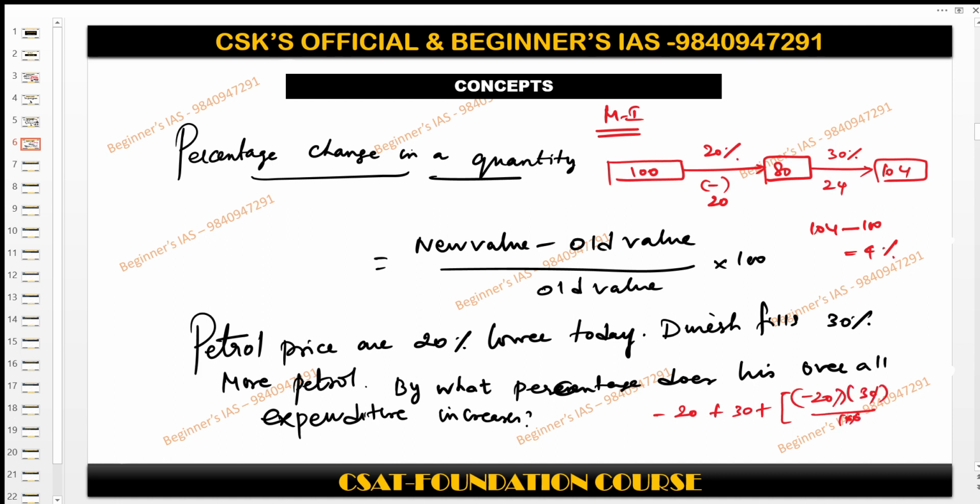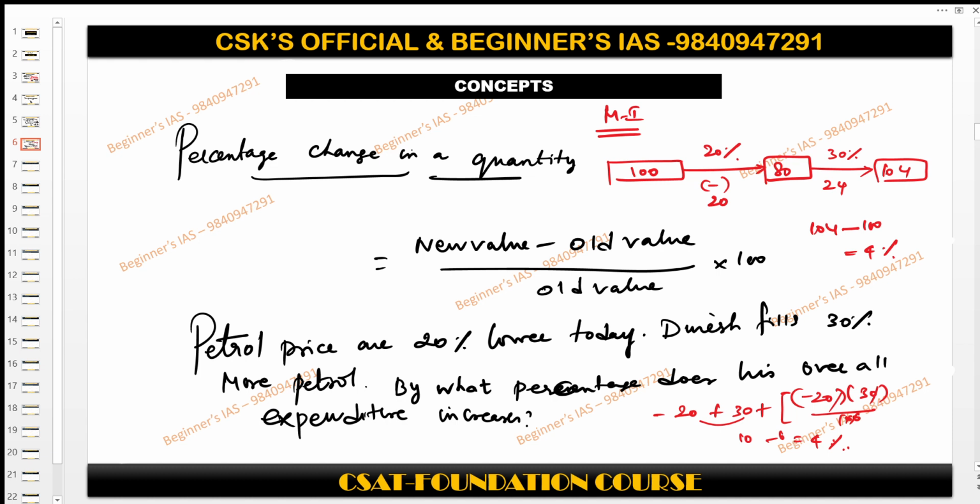The zeros cancel. So therefore here 10, minus 6, so this is also 4%. You can calculate by using this method also. Understood? For the percentage change concept also, you can use the PCG method. Please learn the PCG method. That will help you to solve many questions in a simpler manner.